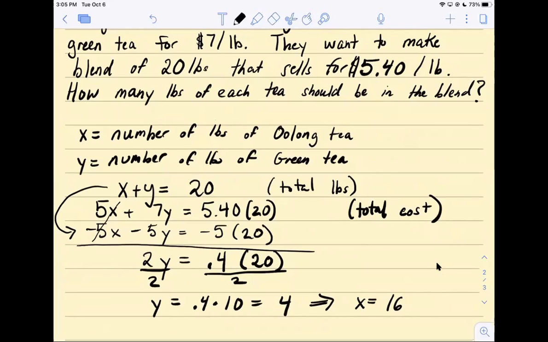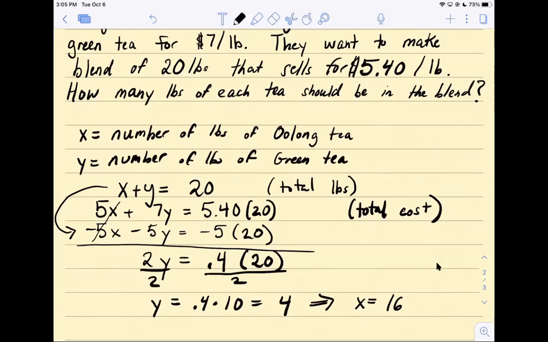The price for the mixed blend is really close to $5, so you'd probably want to have more of the cheaper tea than of the expensive tea. If it was right in the middle of the two prices, at $6 per pound, then you would have half green tea and half oolong tea. But because it's closer in price to the oolong, you want to have more of the oolong.